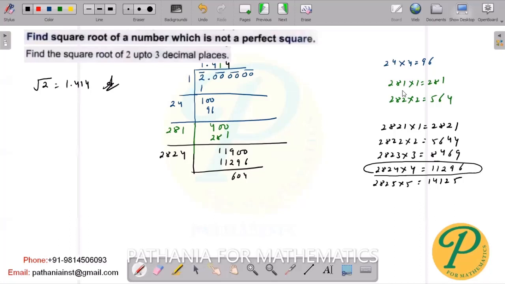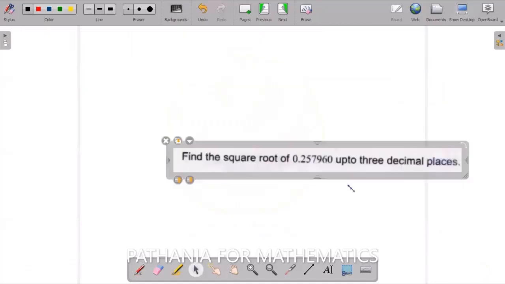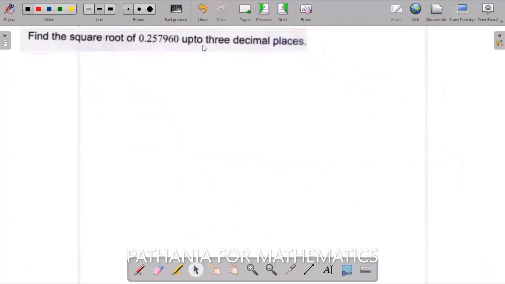Now, one more example. We have to find the square root of this number up to 3 decimal places. Make the pairs.